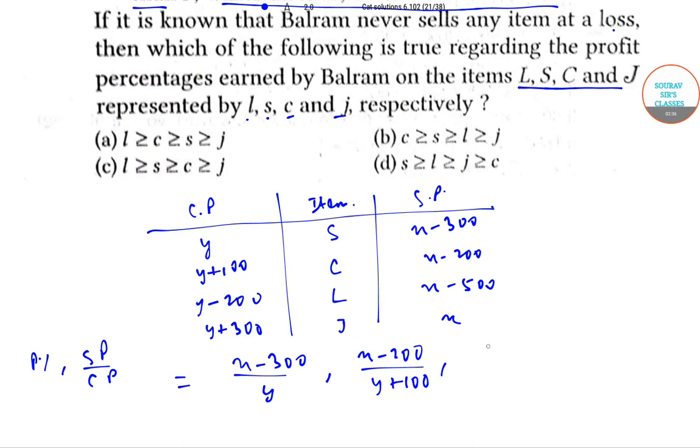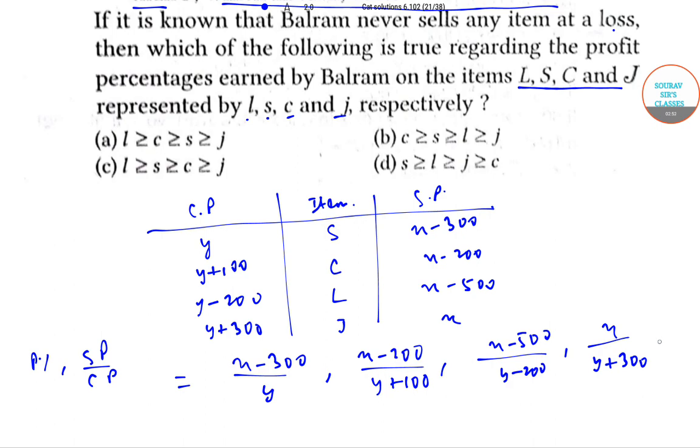For L, it is X minus 500 by Y minus 200. And for J, it is X by Y plus 300.